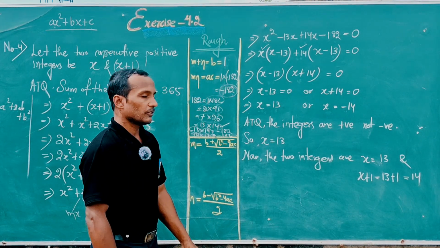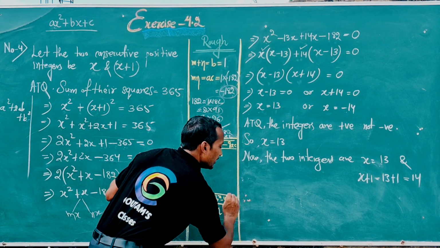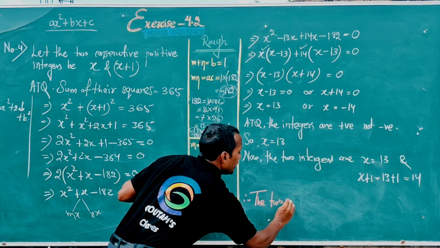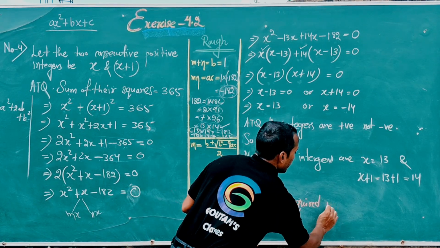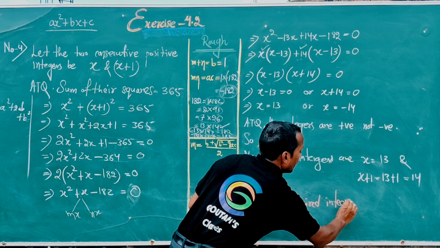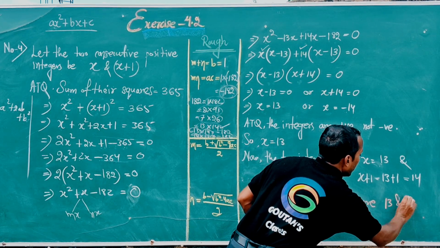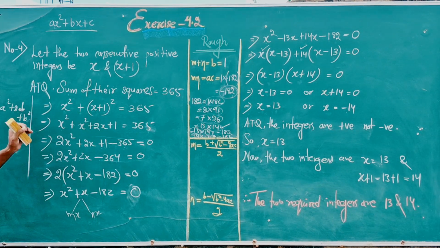So our required integers are 13 and 14. So we will conclude with our final statement as we always do. The two required integers are 13 and 14. This ends question number 4.